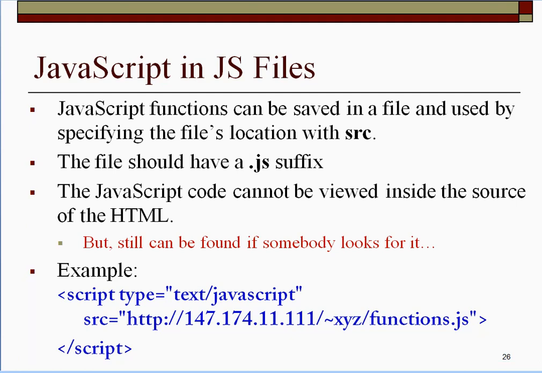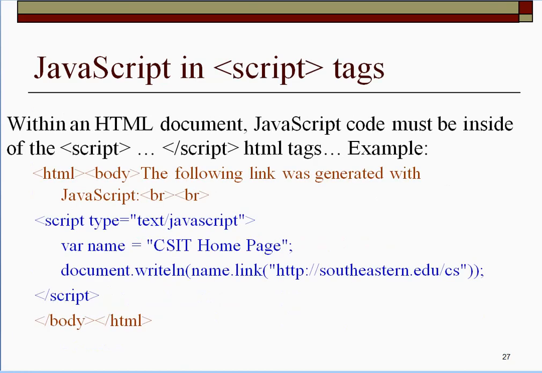The reason is that this gives the location of the library, the JS file, and so you can copy this and paste it directly onto your browser and access that JS file. Within an HTML document, JavaScript code must be inside of the script HTML tags, as we have seen already.